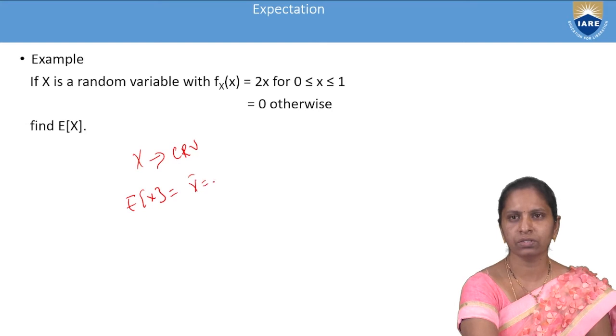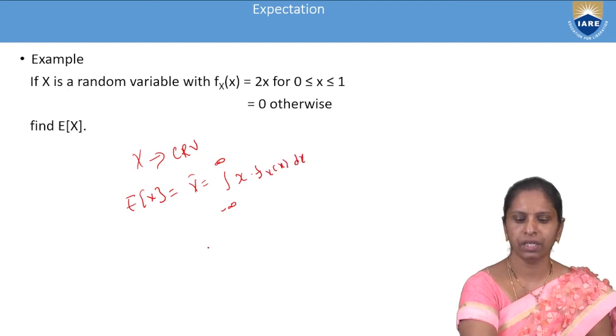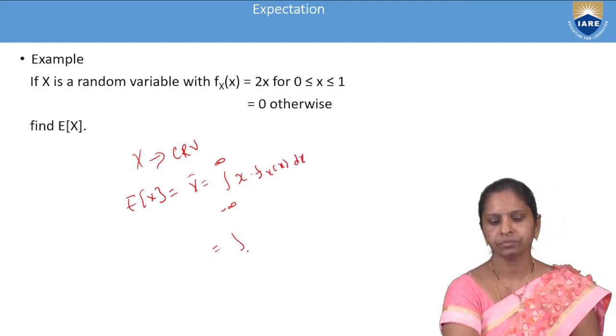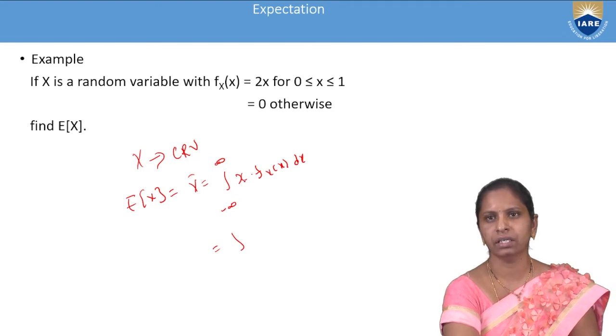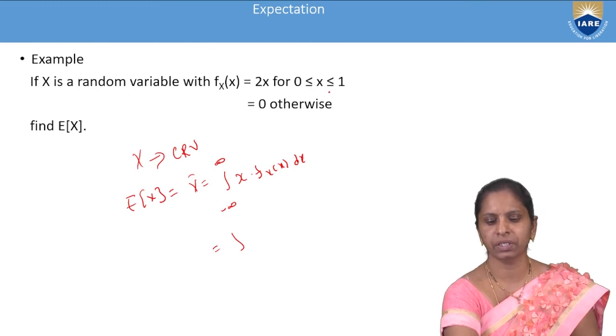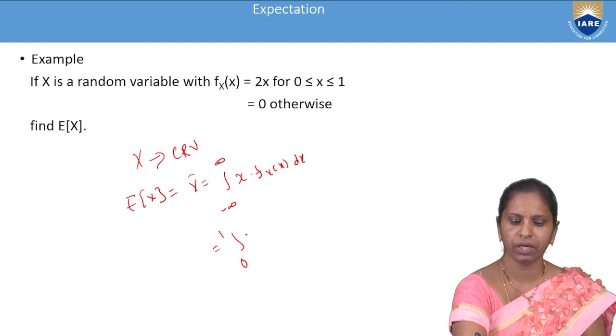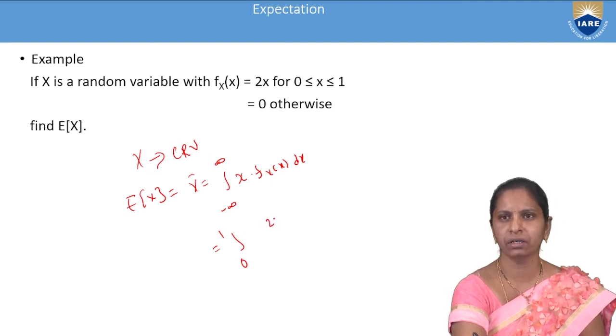X bar is equal to the integration from minus infinity to infinity of x into fx of x dx. So that equals the integration. Here, in general, the x value is from minus infinity to infinity. But here, in the given problem, the density function is defined for x from 0 to 1 only. For other values of x it is 0. Therefore, when x is 0 to 1, what is my fx of x here? 2x.